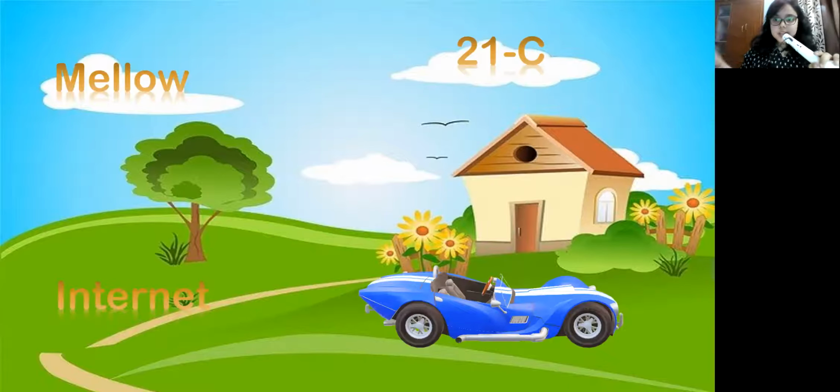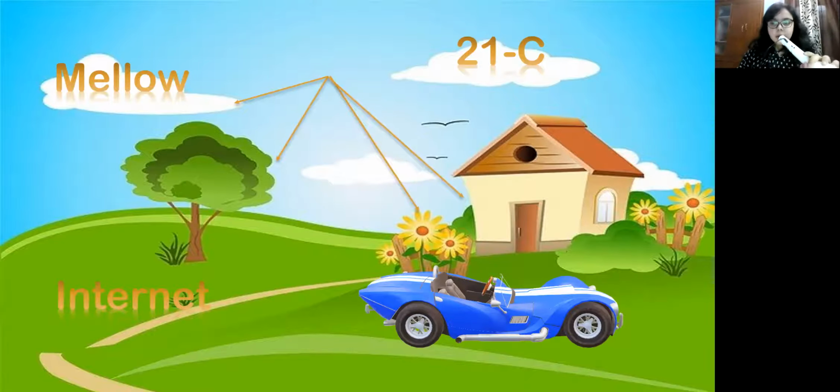Now, all the other components present in this town called Mellow, for instance, the clouds, the trees, the flowers, and the houses, constitute something known as the web or the World Wide Web, right?